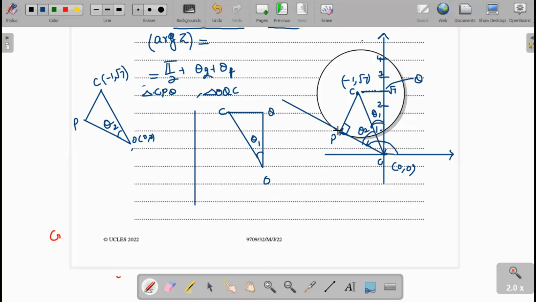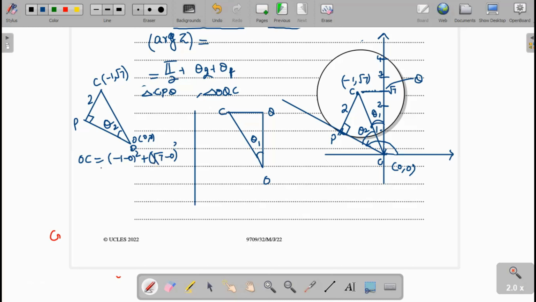And this length CP is the radius, and the radius of the circle is given above. Now this is the radius 2, and we write it. This is the right angle triangle, and from this right angle triangle CPO we can find the angle theta 2. Now firstly we have to find this length OC. To find the length OC, we use the distance formula: (x2 minus x1) whole squared, that is (-1 minus 0) whole squared plus (square root of 7 minus 0) whole squared.